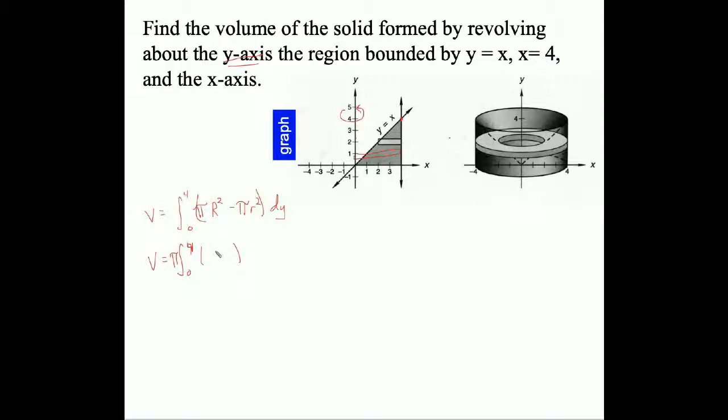So x equals 4, so 4 squared. And then minus, we factor out the pi, so the inner radius, well, that's this value here. We want it in terms of y. So x is equal to y, so that's y squared, and then dy. And we can integrate that.